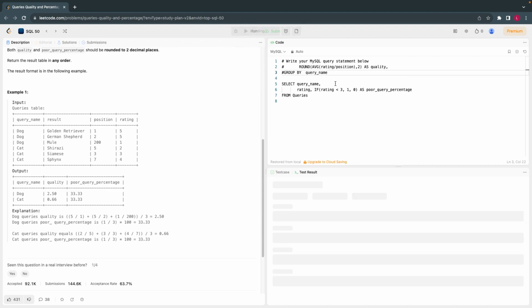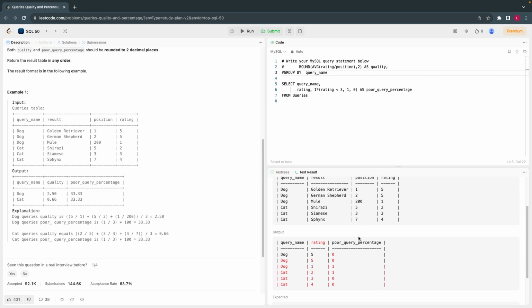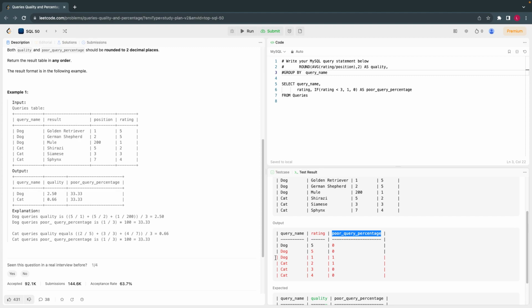This is a little tricky because we are matching the condition here. What we have to do is, how are they calculating? For this dog query, what is the one condition? One record is matching the condition, right? This is the one record divided by total number of records.